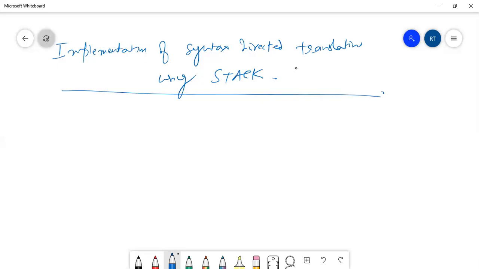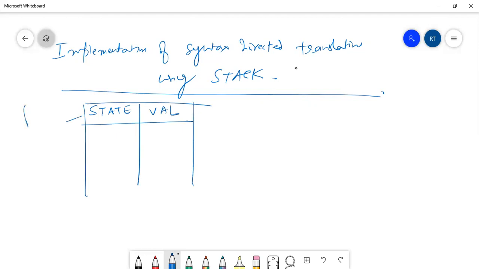To implement syntax directed translation, we have to use a stack, which consists of a pair of arrays. One is state, and the second is value. This is the stack, and it consists of a pair of arrays: one is state, and second is value.